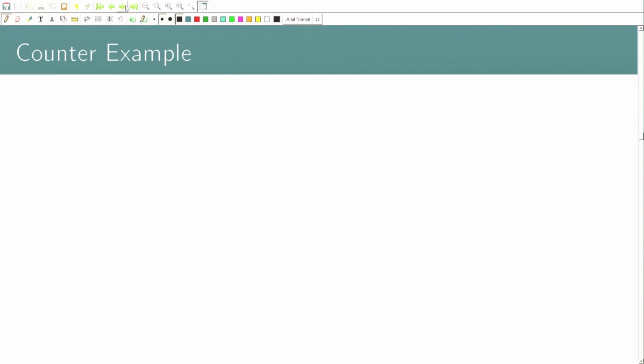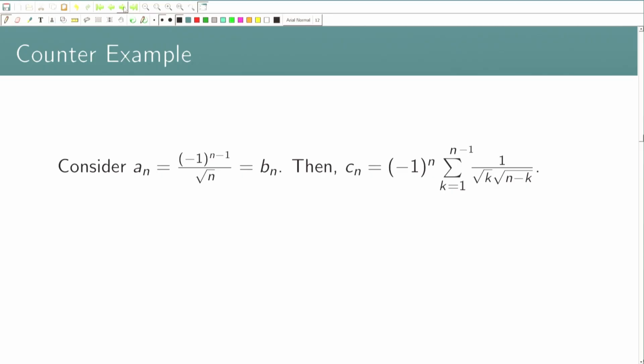So, let us look at a very easy example of two series which are convergent, but their Cauchy product may not converge. Now, for that, let us take A n to be minus 1 to the power n minus 1 by square root of n, which is also equal to B n.